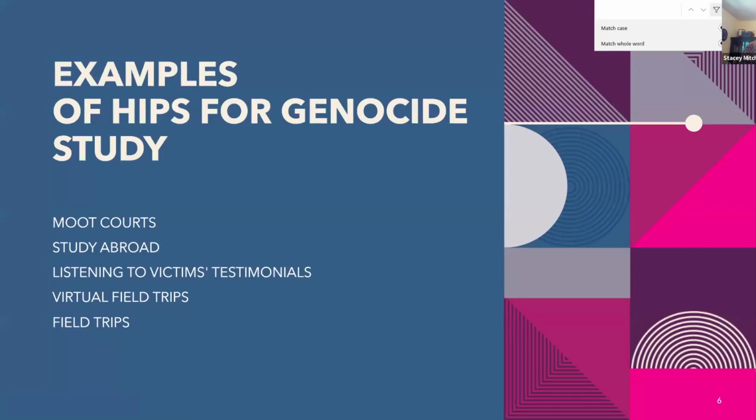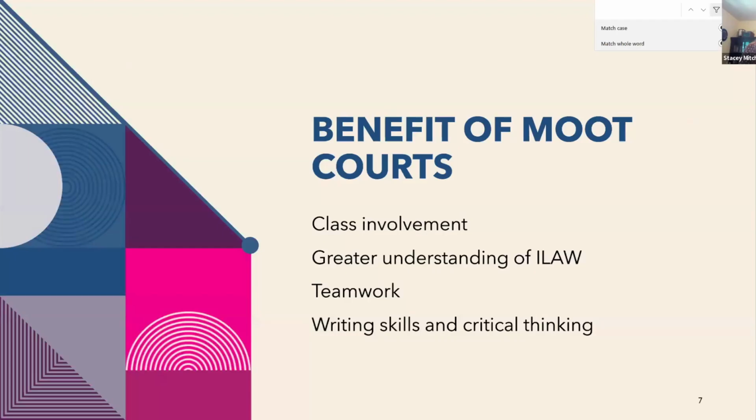We went to the Anne Frank House and some other places, and students wrote experiential essays about those things. In some of my classes, we've listened to victims' testimonials from the Shoah Project. I've done virtual field trips, which has really worked out well, and I've done field trips as well. So those are just some of the high impact practice things we can talk about in the Q&A.